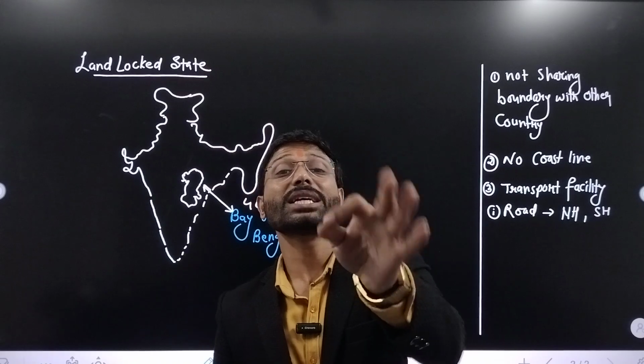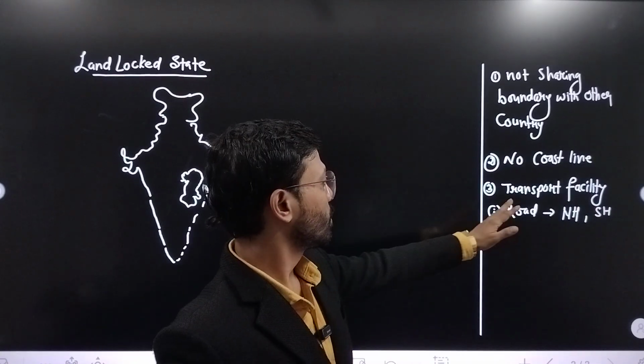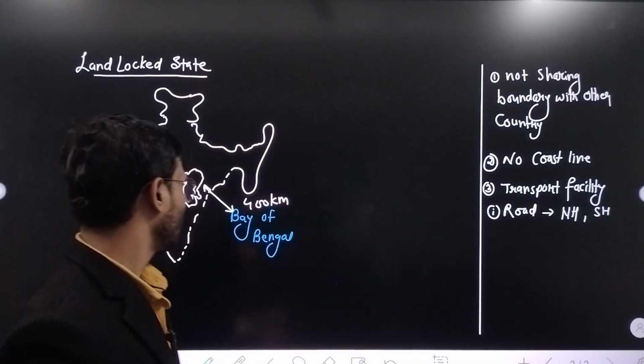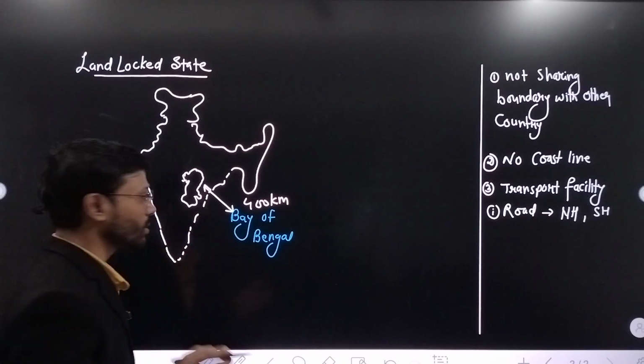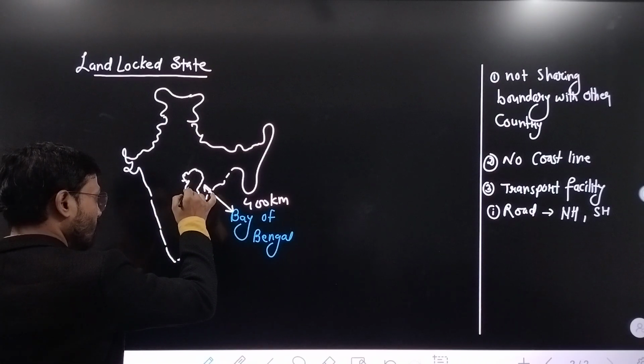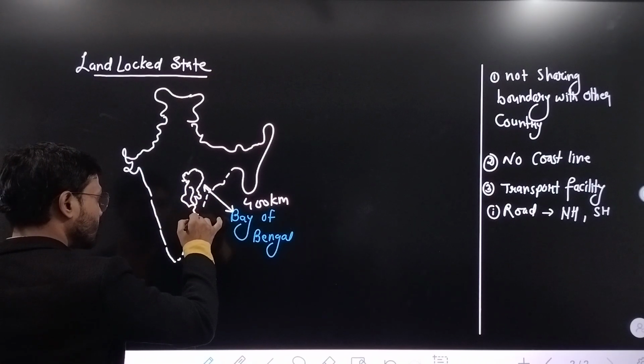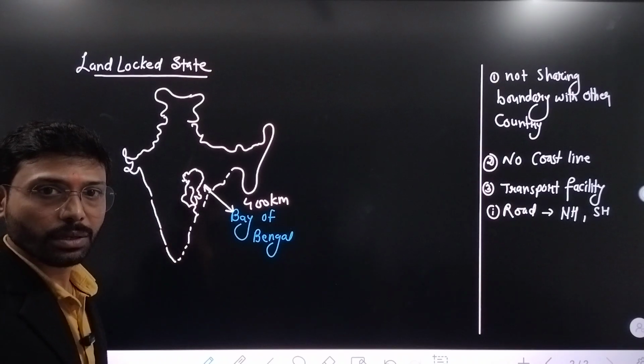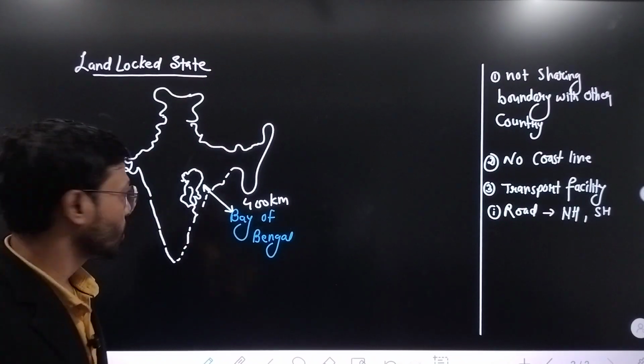And the best example that you may give of road transport is from Raipur to Visakhapatnam. What I am saying? From Raipur to Visakhapatnam.